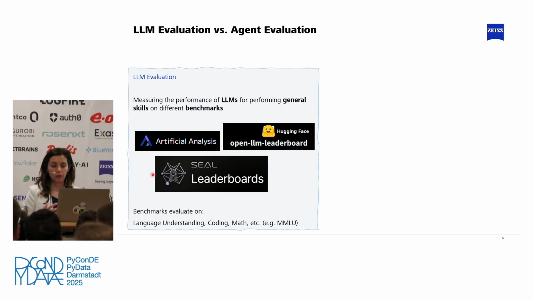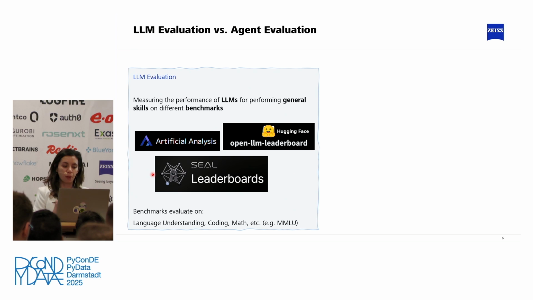The open natural language processing community has started looking into evaluation of LLMs with certain benchmarks and with respect to general skills. This has led to many different leaderboards, so to say. These leaderboards list the performance of different LLMs from specific perspectives and with different benchmarks. Examples are Artificial Analysis, Hugging Face leaderboards, and so on. So you can easily look it up.